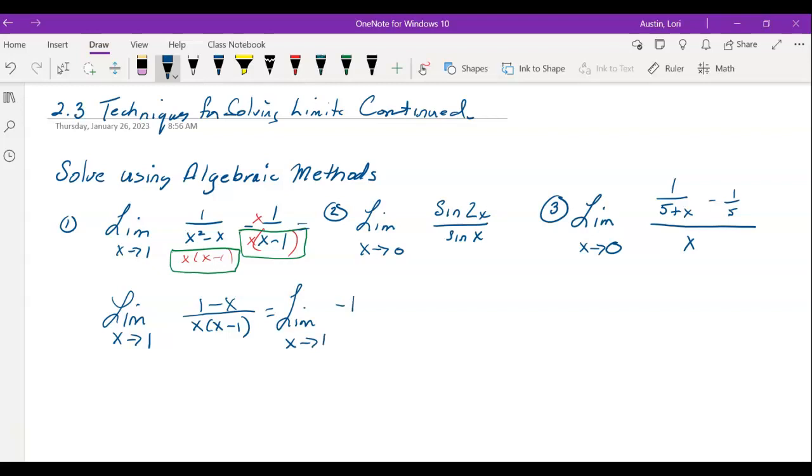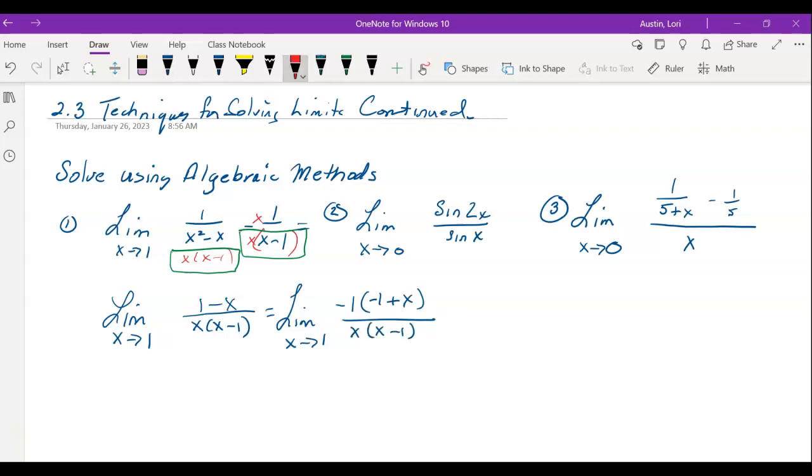And I'm going to pull negative 1 out of here. When you pull out a negative 1, all it does is flip the sign. So that means this positive 1 becomes what? Minus the negative 1. And minus x becomes positive x. So now I have negative 1 plus x.